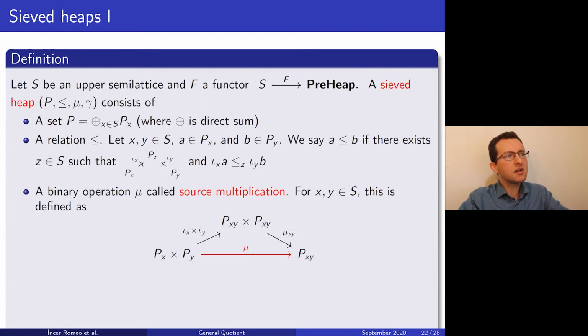Seed heaps have a binary operation called source multiplication, and it works as follows. If you give me x and y in the semi-lattice, the multiplication is defined as follows. You go from Px to P sub xy. You go from Py to P sub xy. In fact, we are shipping our objects from Px and Py to the common domain P sub xy, and that is a preorder heap.